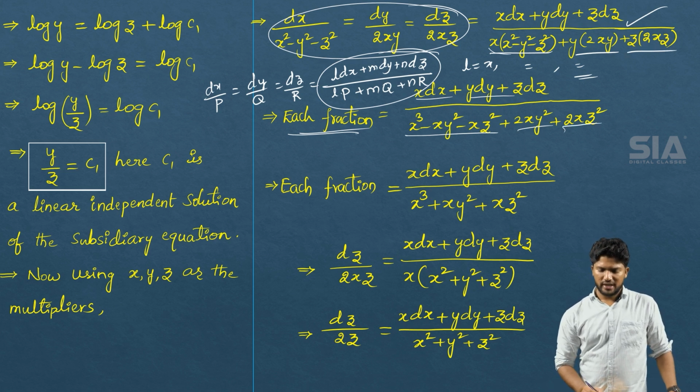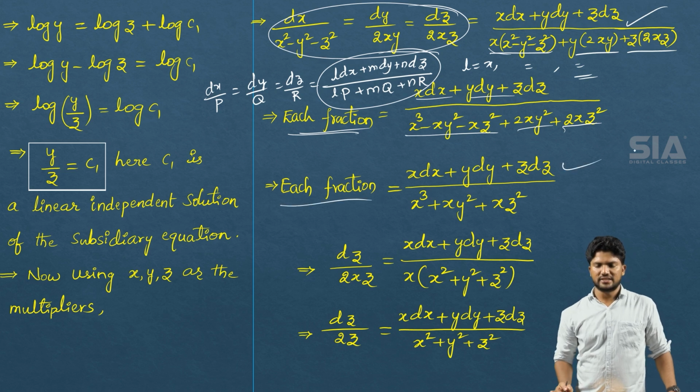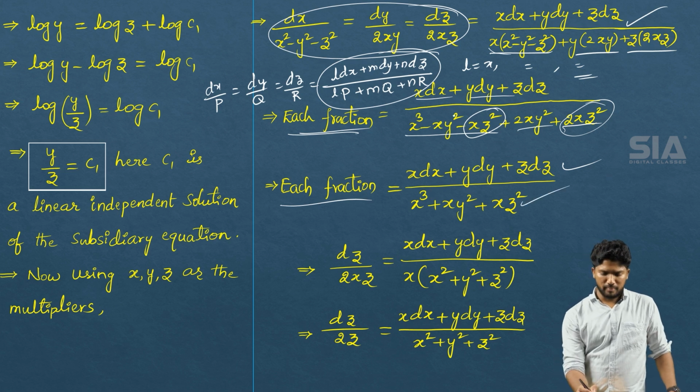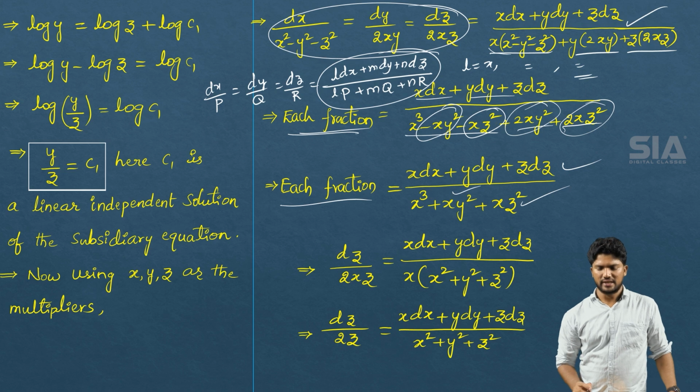So here each fraction is equal to numerator x dx plus y dy plus z dz by, minus xz square plus 2xz square, you will get 1 xz square. Minus xy square plus 2xy square, you will get 1 xy square, and the x cube value. So that is the denominator, x cube plus xy square plus xz square.